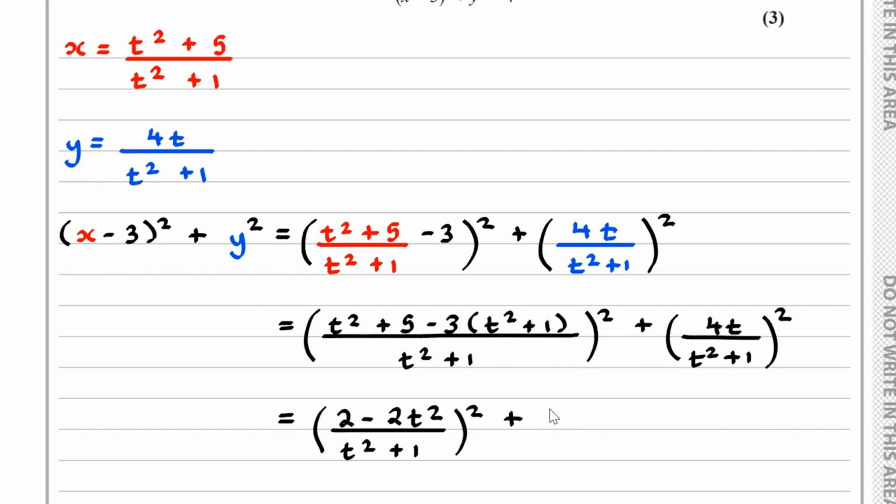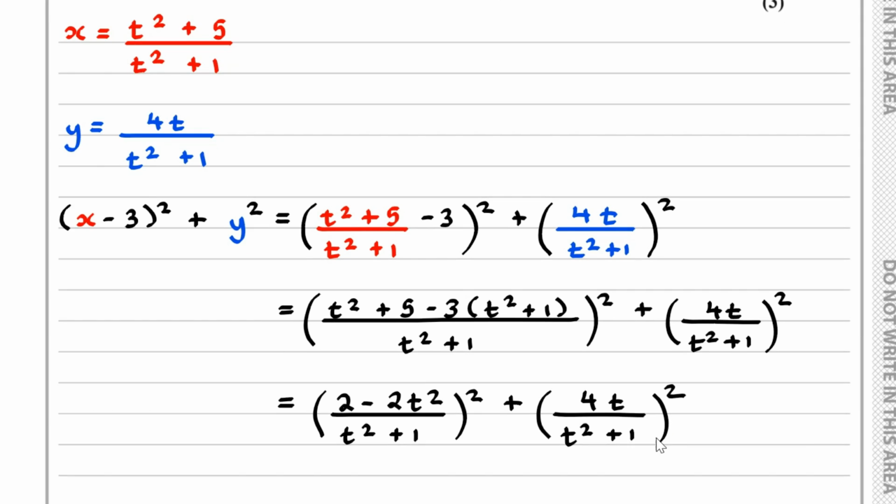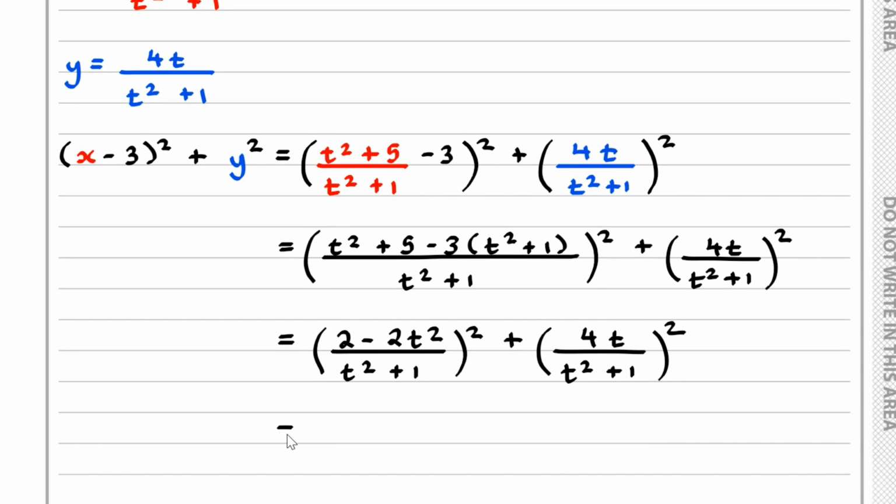And then we will add to this 4t over (t squared plus 1) all squared. So we've got (2 minus 2t squared) all squared plus (4t) all squared, all over (t squared plus 1) all squared.